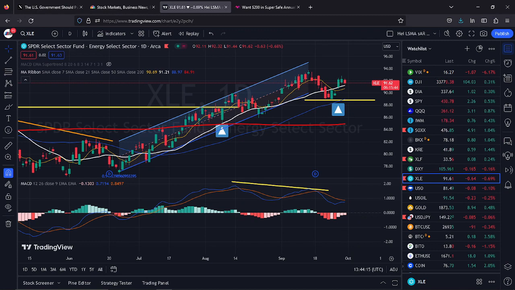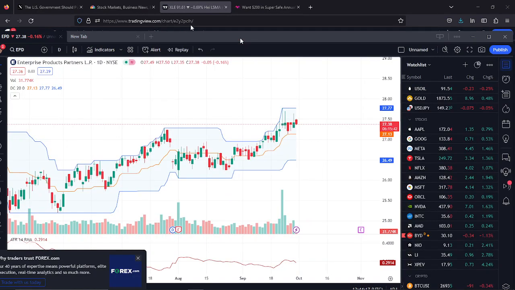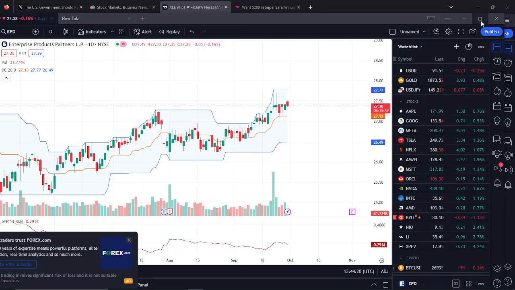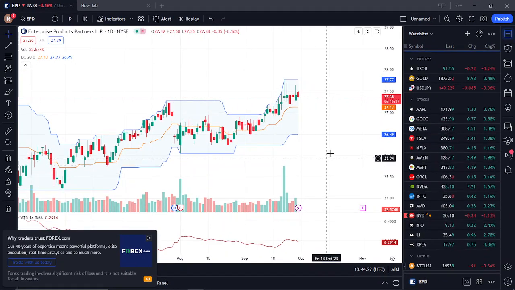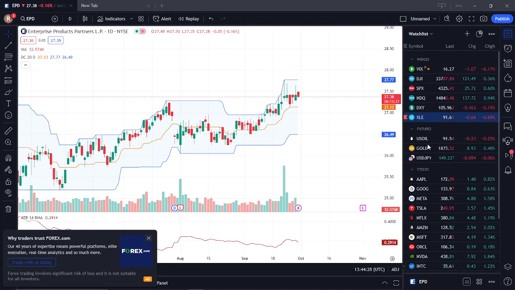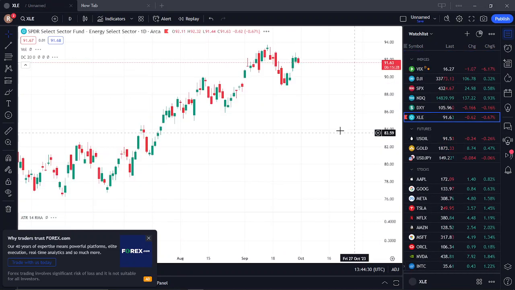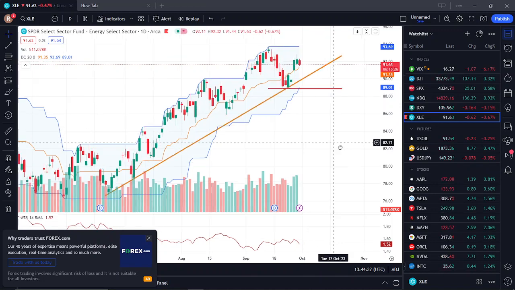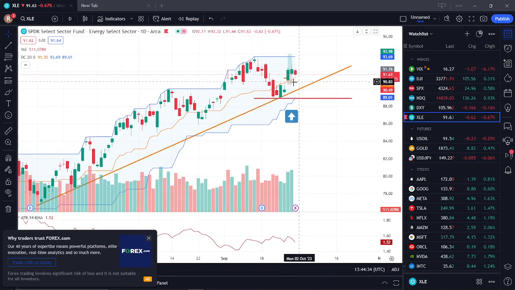We were really using the Donchian channel on this trade. So we have this, let's go to XLE. Okay. So the trade triggered 2 days ago when it closed back above the midline of the Donchian channel.